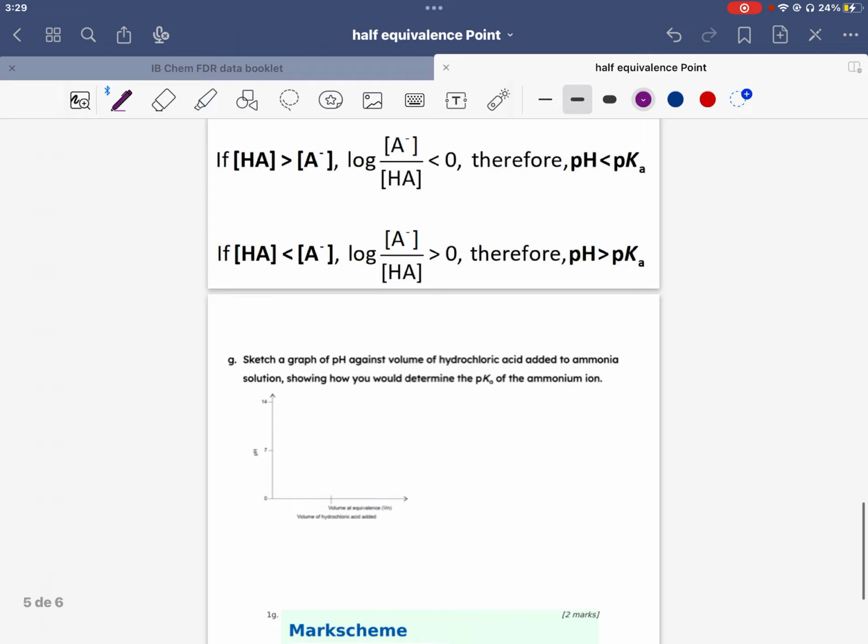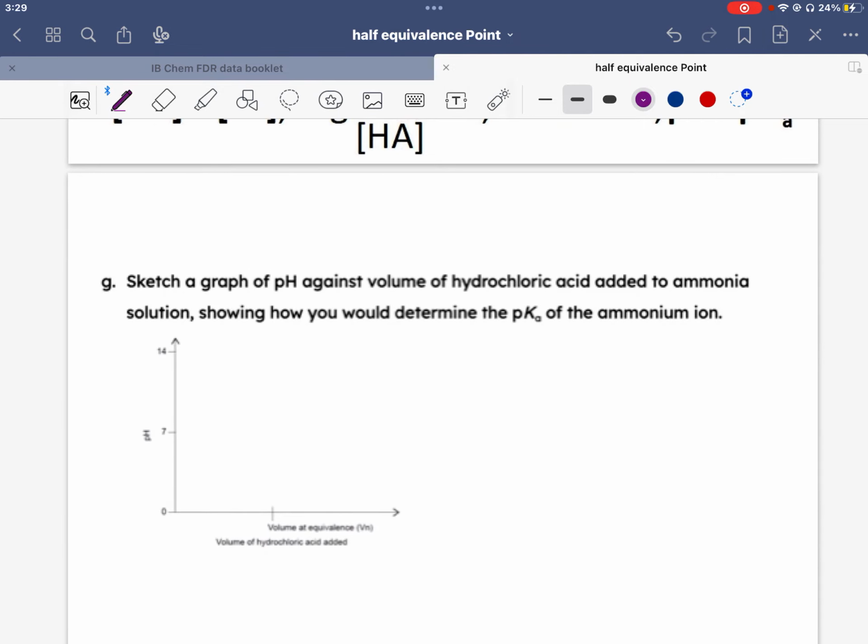So for a problem like this one that you saw in the topic 18 practice, sketch a graph of pH against volume of hydrochloric acid added to ammonia. Ammonia is a base. Hydrochloric acid is, of course, a strong acid. So the acid is being added to the base, we start with basic pHs, and we have a strong acid. So my equivalence point better be lower than 7, and we'll have something like this. How would I estimate the pKa of the ammonium ion?